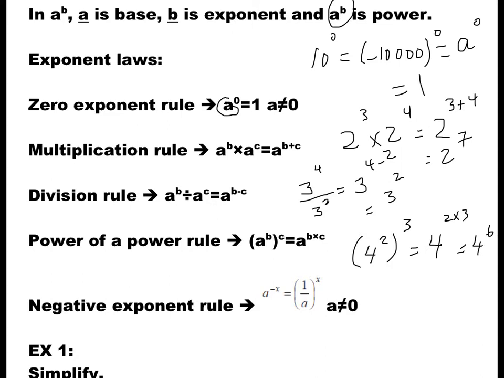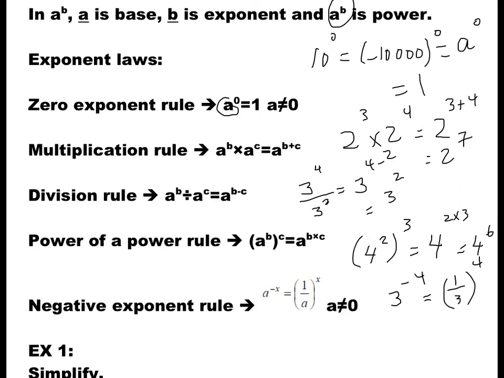To give you one example, 3 exponent negative 4 is the same as 1 over 3 exponent, the opposite sign, positive 4.